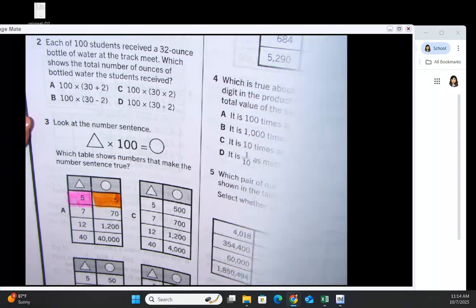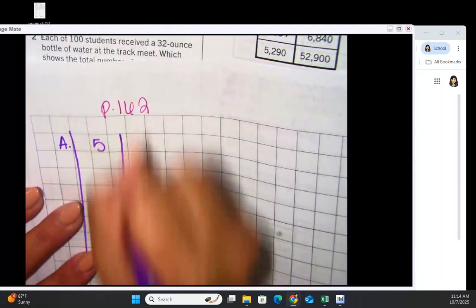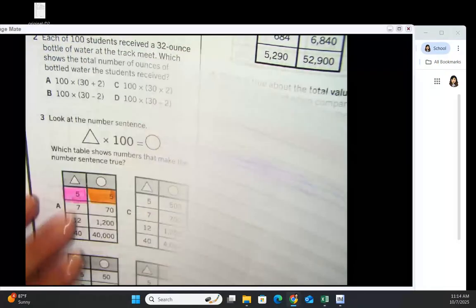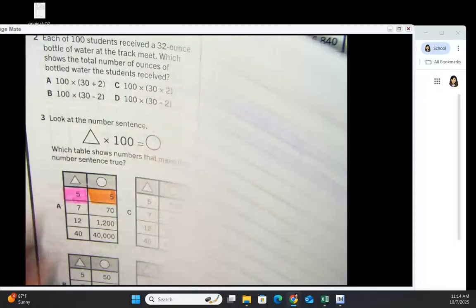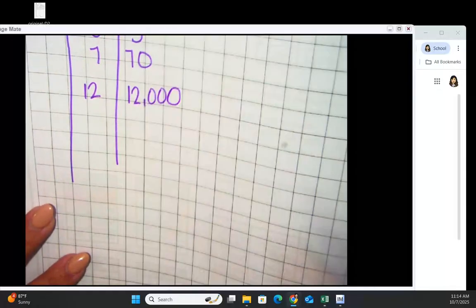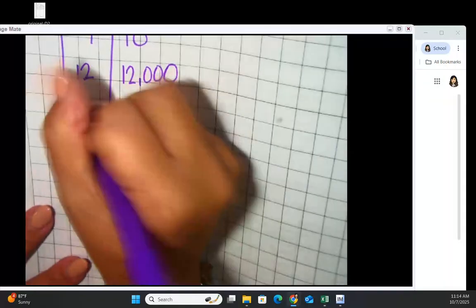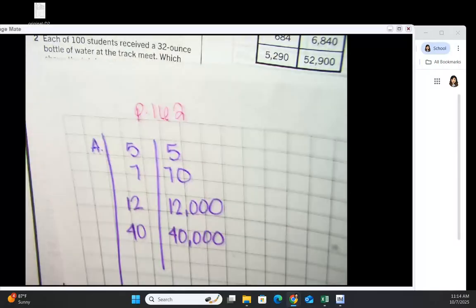So let's look at letter A. It says 5 and 5. 7 and 70. 12 and 12,000. And 40 and 40,000. Okay, you guys have your book. Well, most of us do, right?